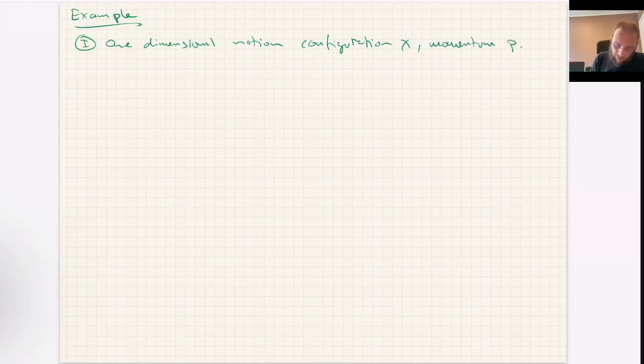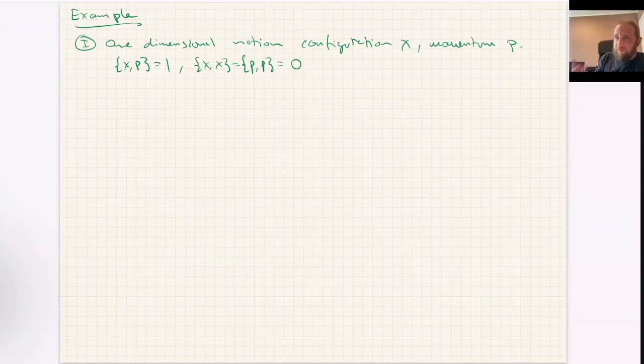So for example, {x,p} is equal to 1, whereas {x,x} is the same as {p,p}, which is equal to 0.